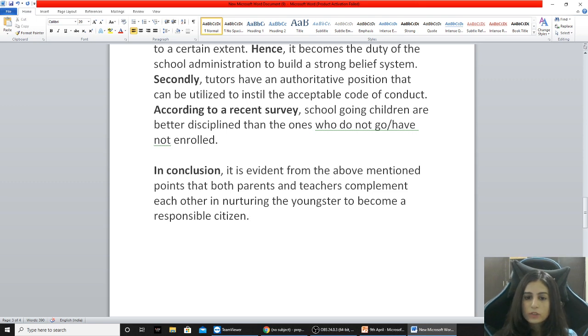Okay, so is this fine? So here we have also given that both complement each other. So we have written that both are important.